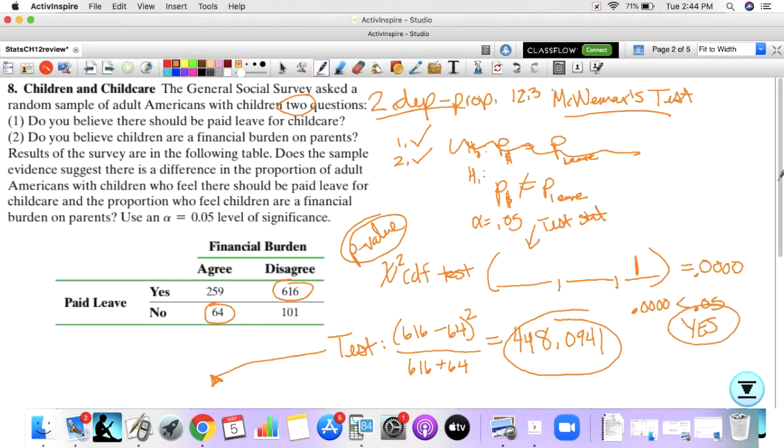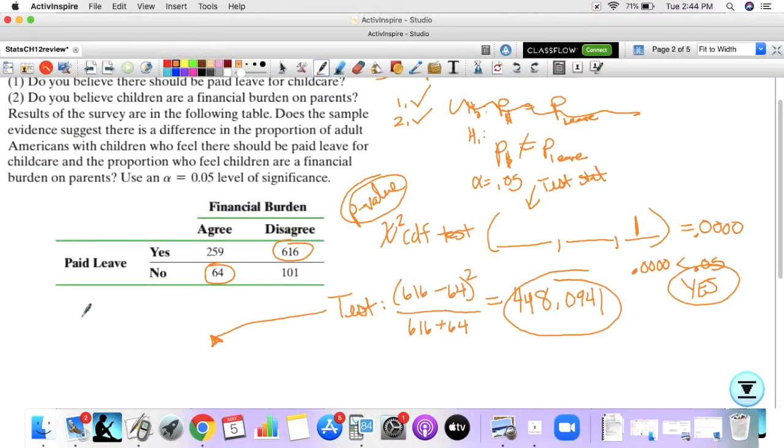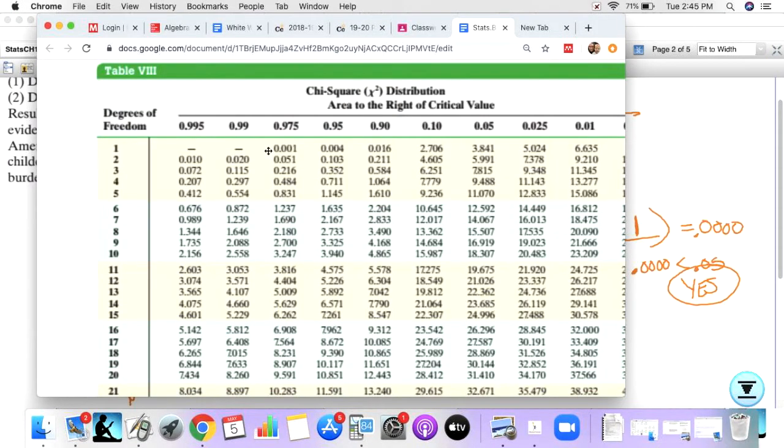If we were to do this using the classical method, we're going to have to go into our chi-squared distribution. What's nice about chapter 12 is everything is chi-squared, so you don't really have to worry about choosing the right table. You're always going to use table 8. So let's find table 8 right here. Our degrees of freedom, again, are 1, because that's what we're always going to use.